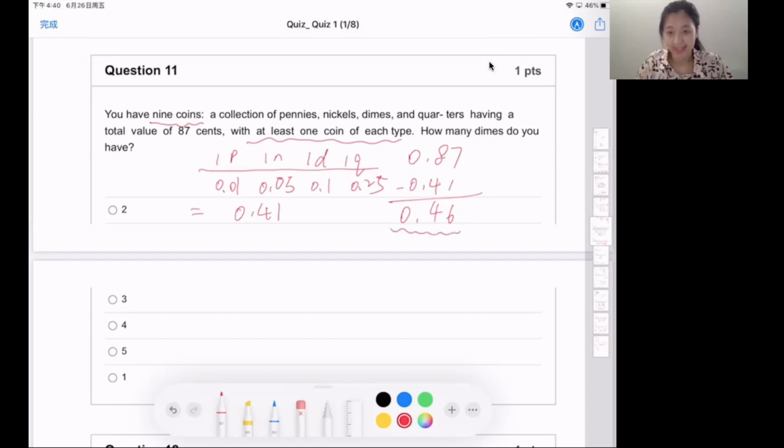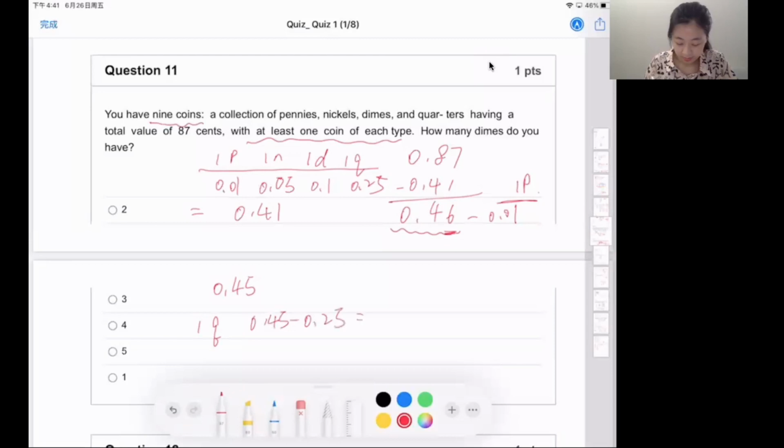So we need to use 5 more coins to make 46 cents. Since it ends in 6, we have to use 1 penny here. So minus 1 penny, we have 45 left, right? And then with 45, let's use 1 quarter. 20 cents left.